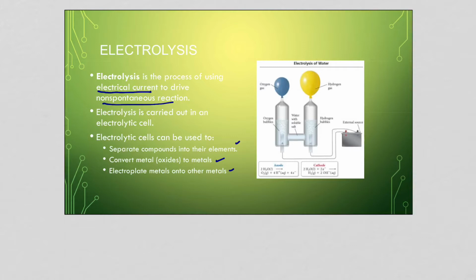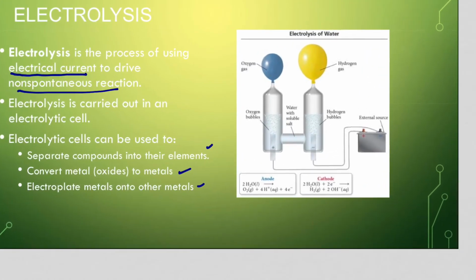Now, we saw earlier in a fuel cell that we could take oxygen and hydrogen and produce water. Well, we can drive the reverse reaction in an electrolytic cell with the electrolysis of water.